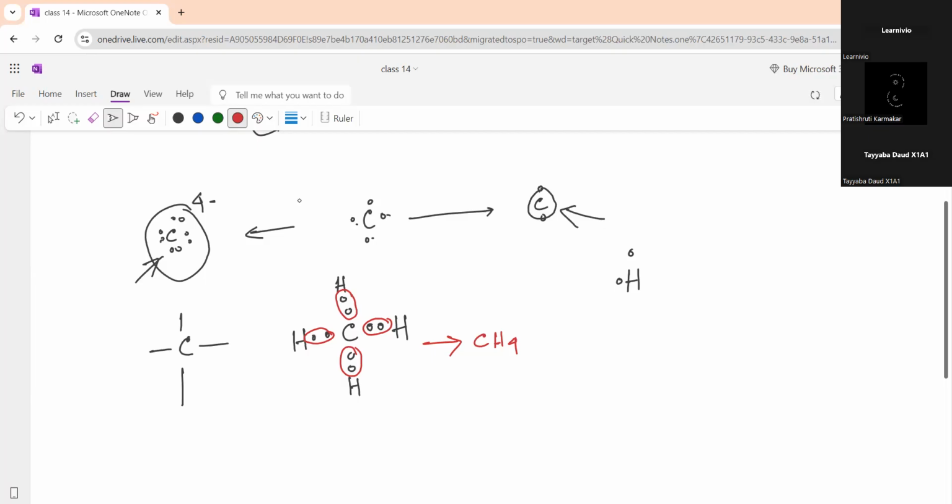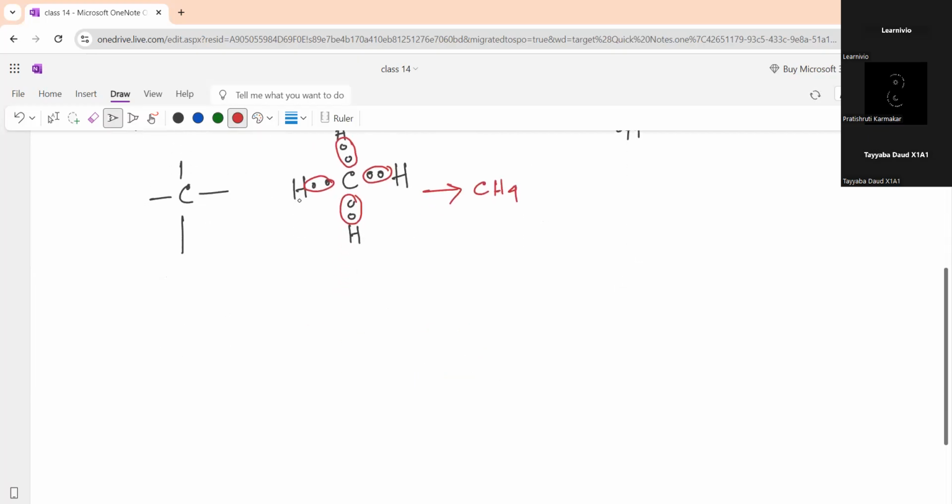Now we are entering our organic chemistry part. So CH4 is the simplest organic compound.